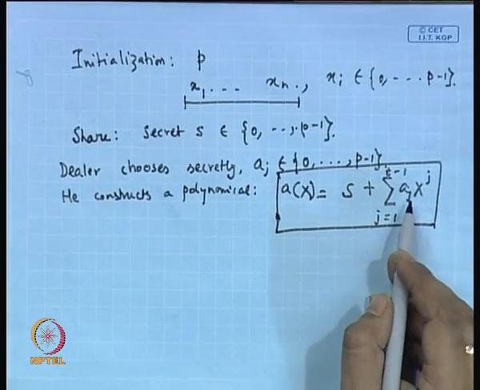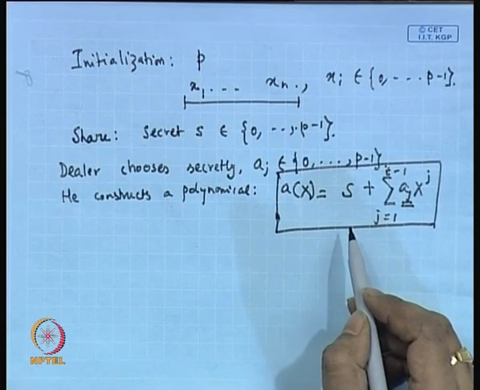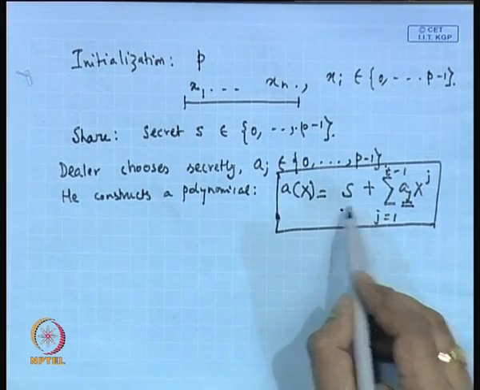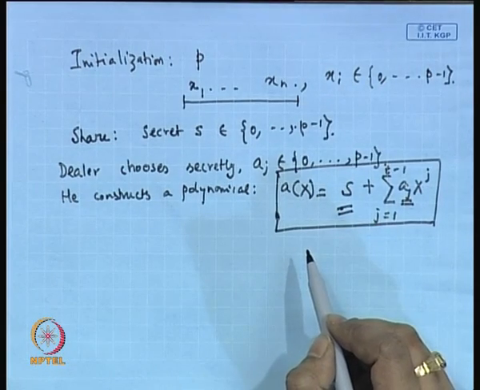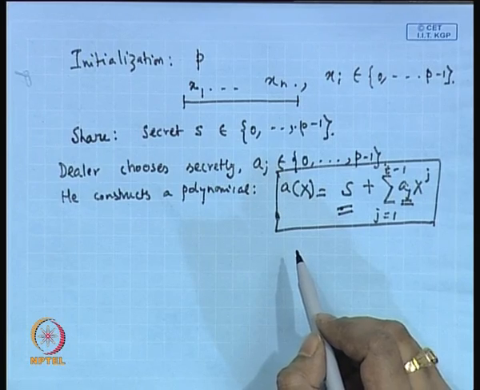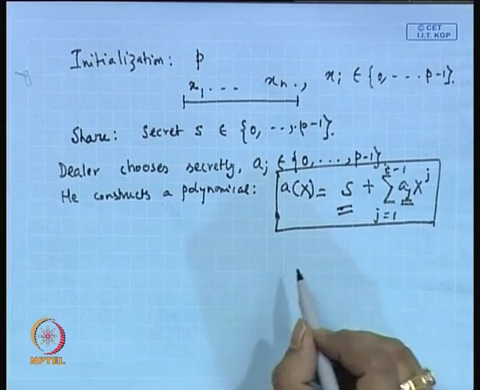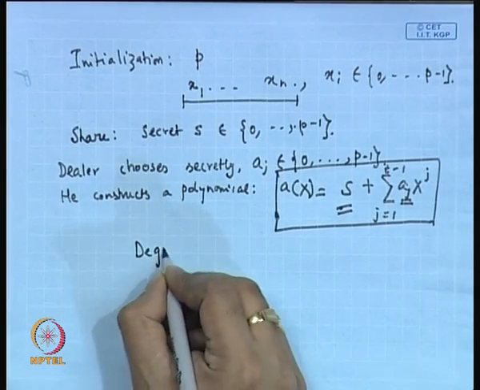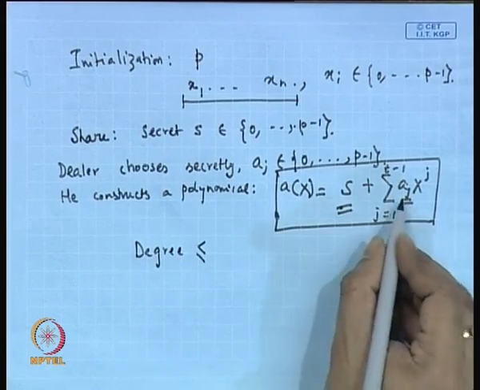The dealer chooses these coefficients secretly, and keeps s, which is the secret, as the constant of the polynomial. And then, what is the degree of this? The degree of this is less than or equal to t minus 1, depending upon your aj, because your aj's can be zeros also.